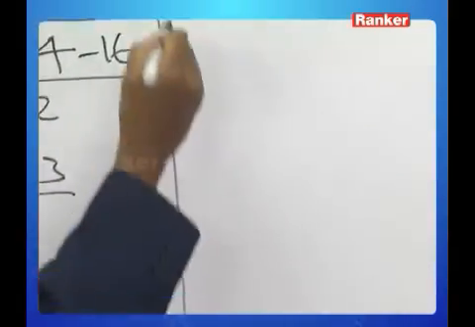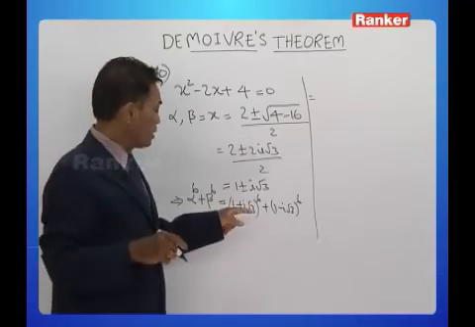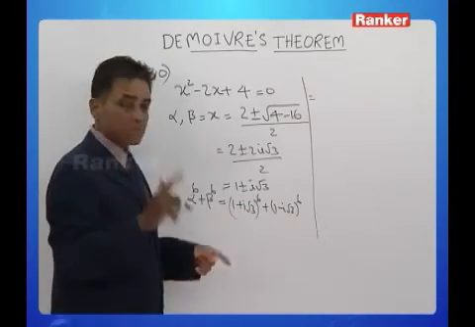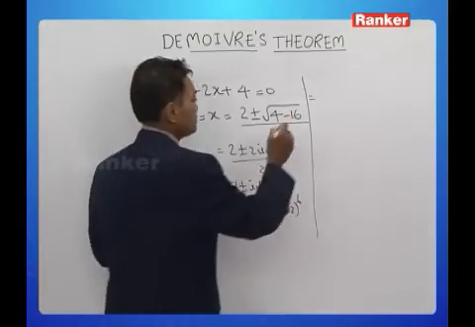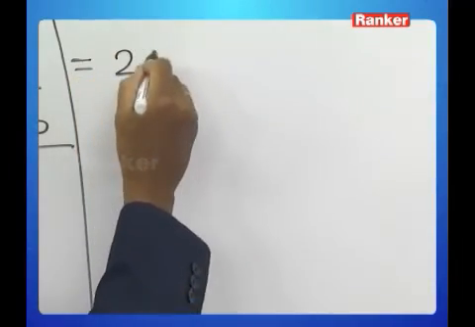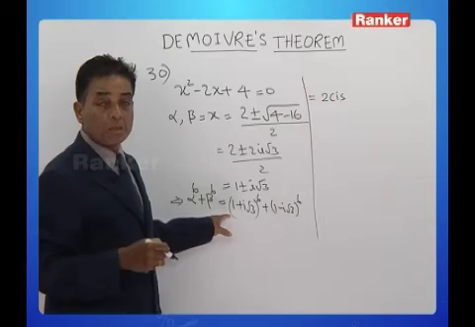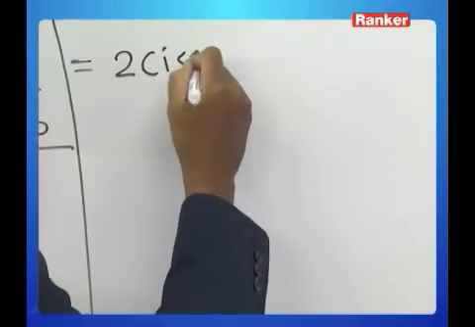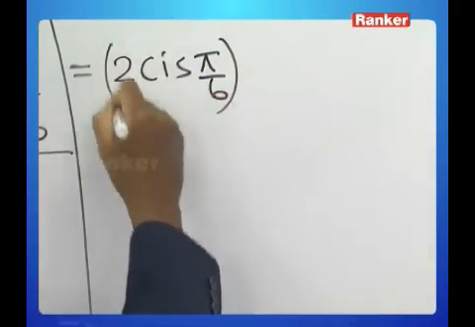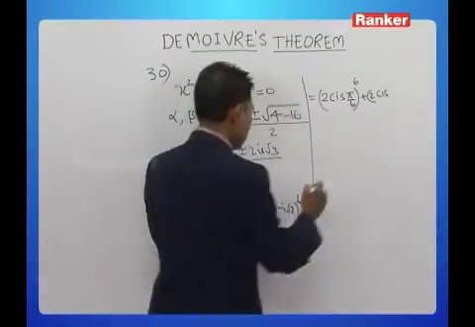Now, using modulus amplitude form, the modulus is root under root 3 square 3 plus 1 square 1, that is 4, root 4 is 2. So, 2 cis theta. What is theta? Tan theta is root 3 by 1, tan inverse y by x, 60 degrees, power 6, and here minus is there.